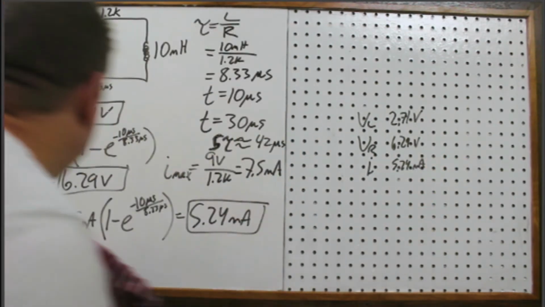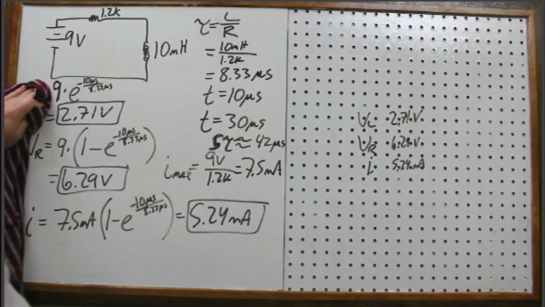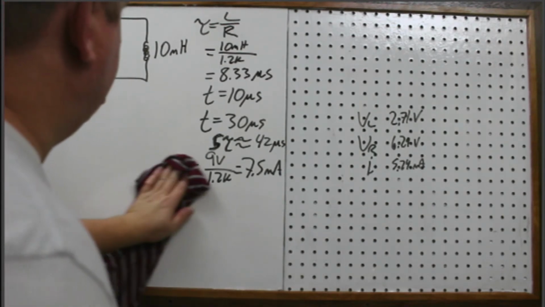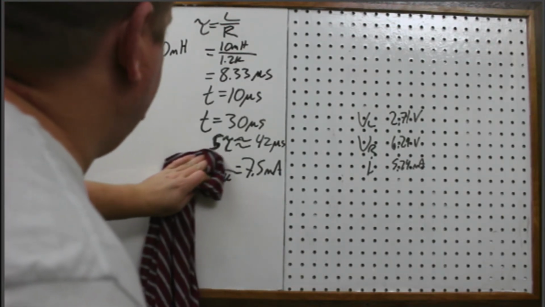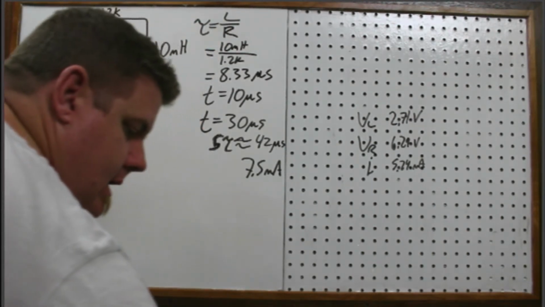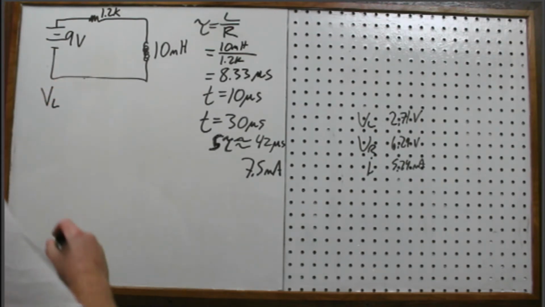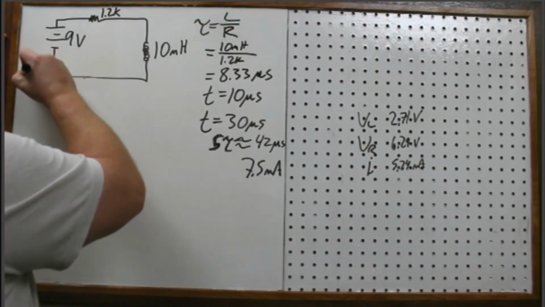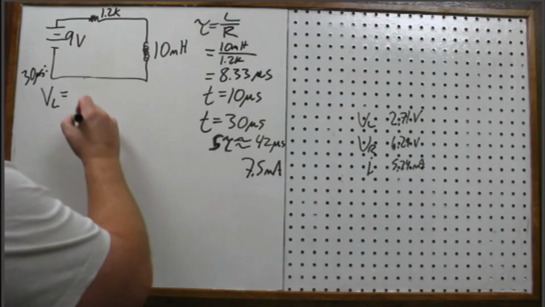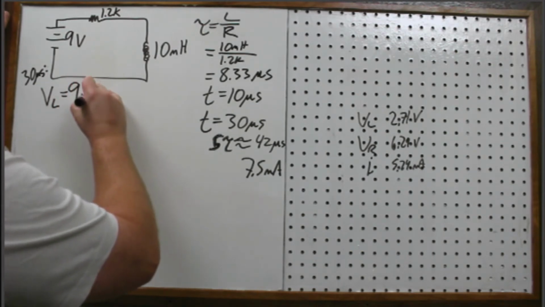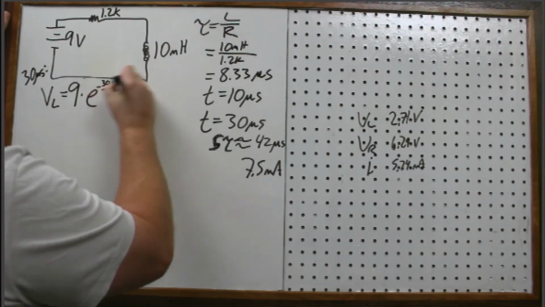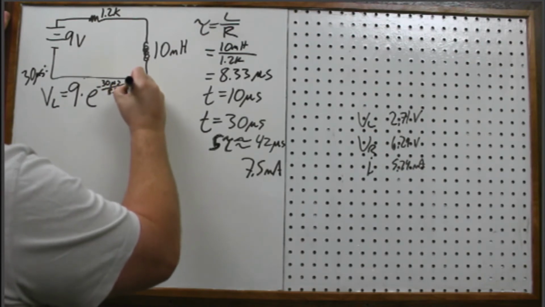Okay, now let's take a look at the next point in time. The inductor is going to have very, very little at this point. We want to keep the max current here. So the voltage on the inductor at this point in time, 30 microseconds, is still going to be 9 times e to the negative 30 microseconds over 8.33 microseconds.